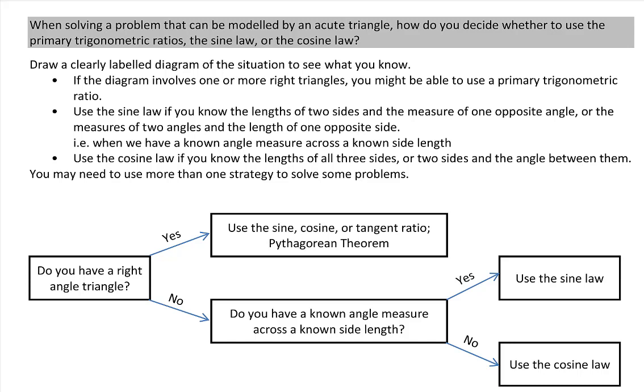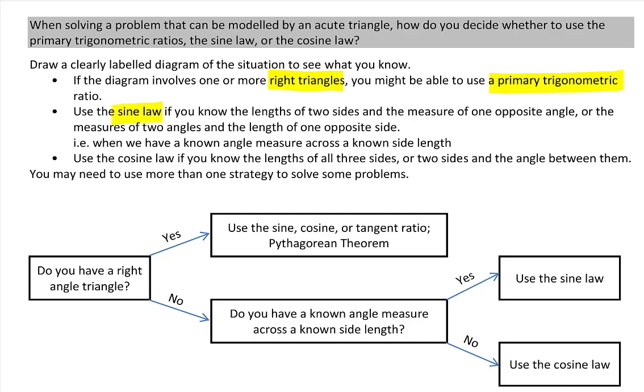Well, first of all, of course, draw your diagram. If the diagram involves one or more right triangles, so if you see a right triangle, then you can use a primary trig ratio, or you might end up using Pythagorean theorem. Remember, the primary trig ratios are sine, cosine, and tangent.